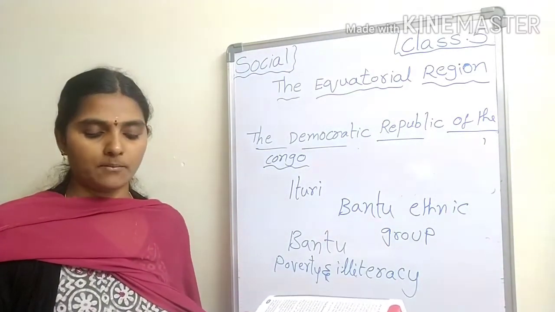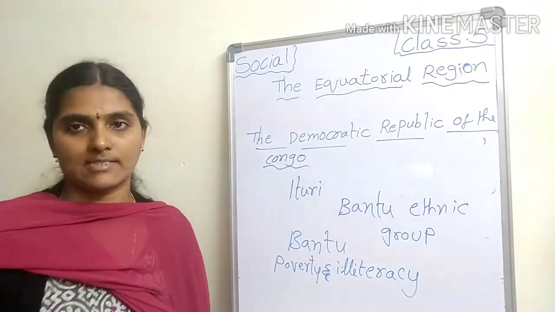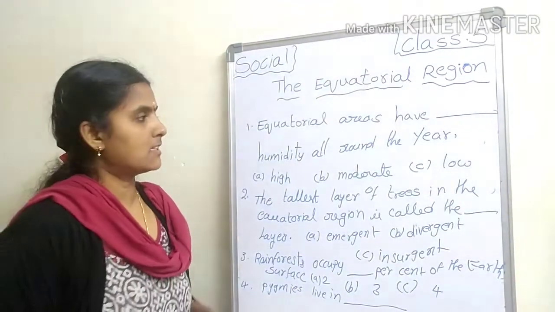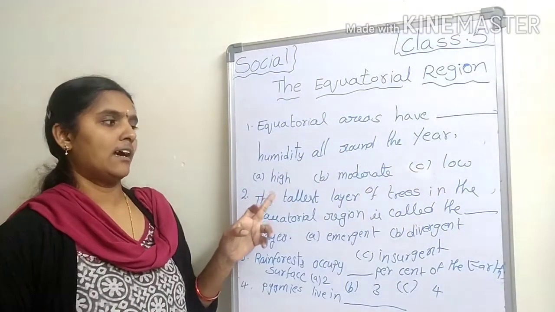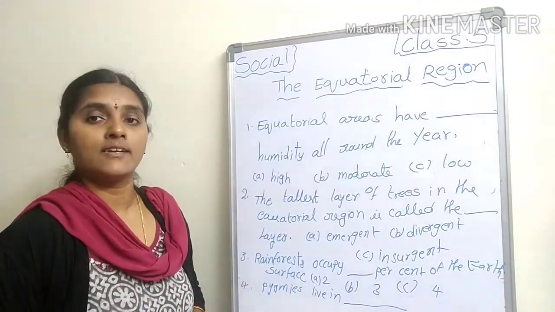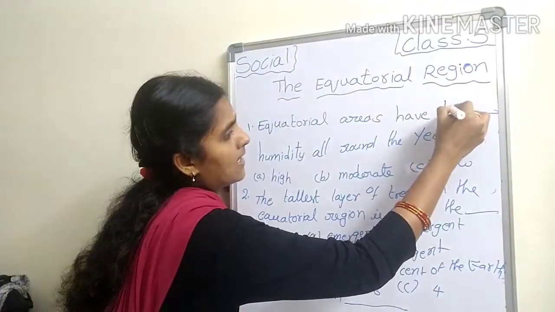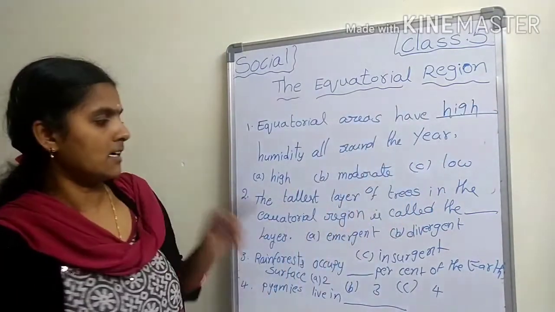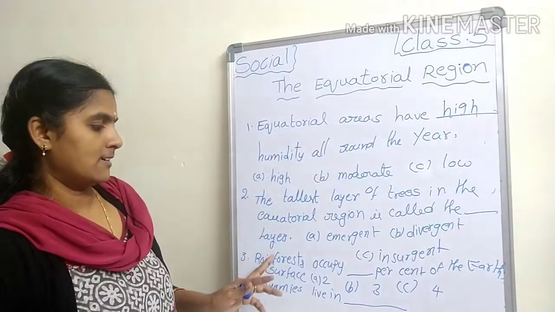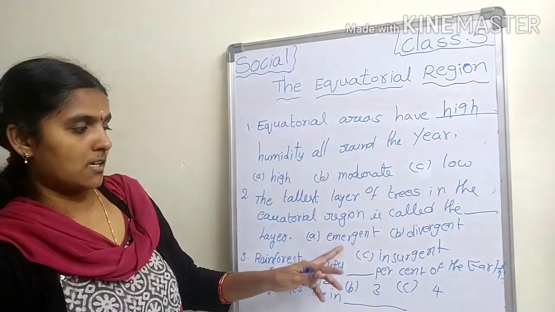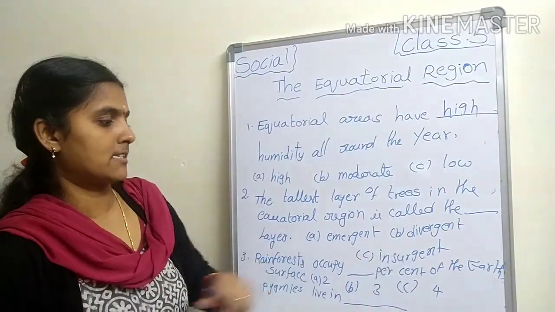Okay, next, fill in the blanks with the correct answers. The equatorial areas have dash humidity all round the year: high, moderate, low. Equatorial area, high temperature and high humidity. Yes, high. The tallest layer of the trees in the equatorial region is called the dash layer: emergent layer, divergent layer, insurgent layer.